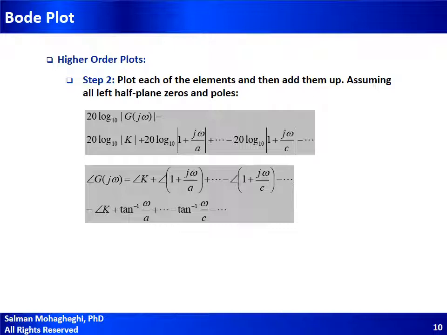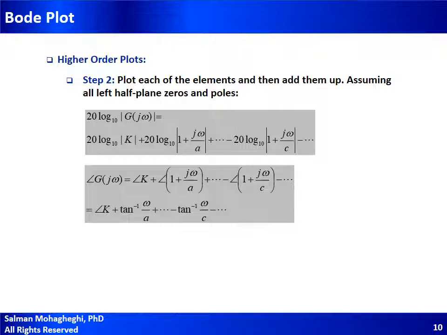Now that I have everything in the standard form, based on what we talked about a couple slides back, in order to find the magnitude of the system, I would find the magnitude of the individual terms and then add them together. What are my individual terms? I have a K, which is my overall gain. I have a j omega over a plus 1, j omega over b plus 1, and so on.